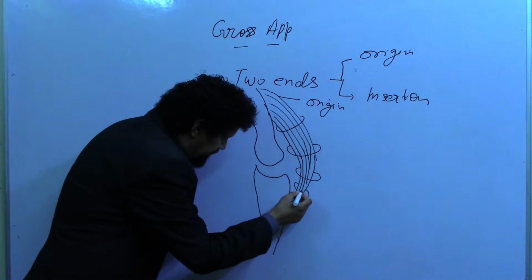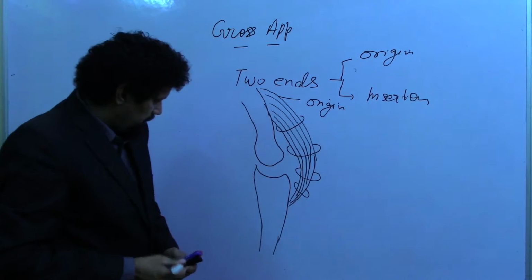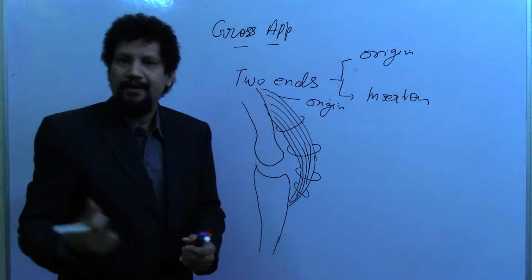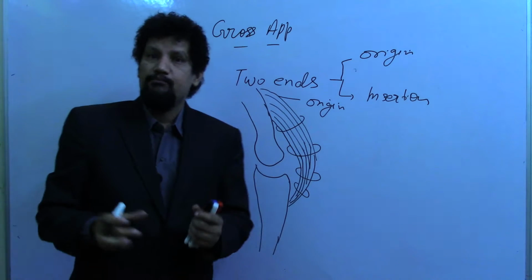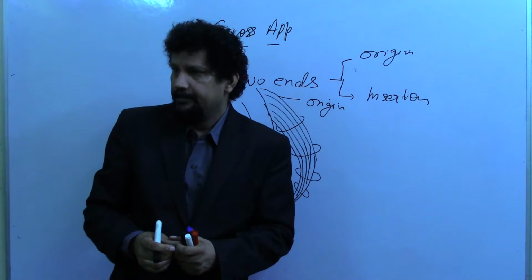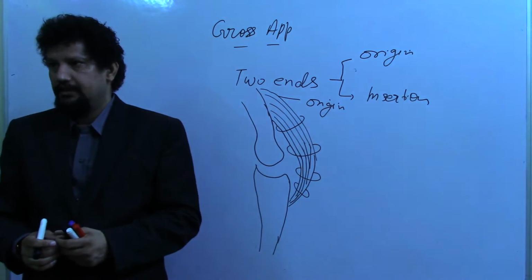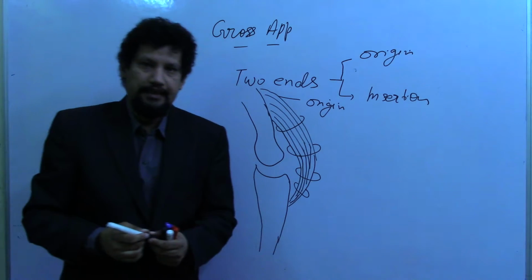This part of muscle which is movable or comparatively more movable during the contraction of the muscle is known as the insertion.